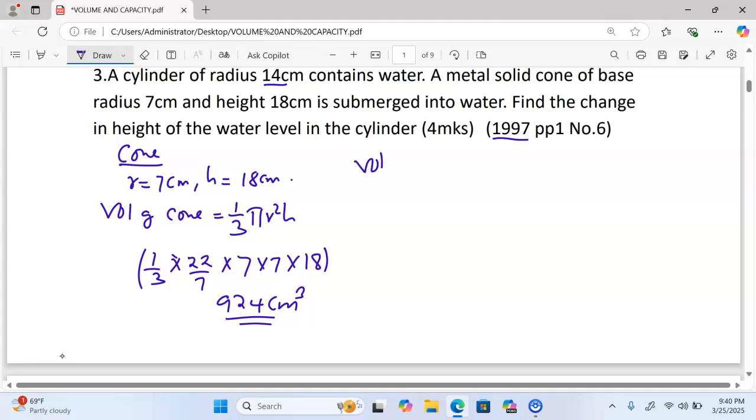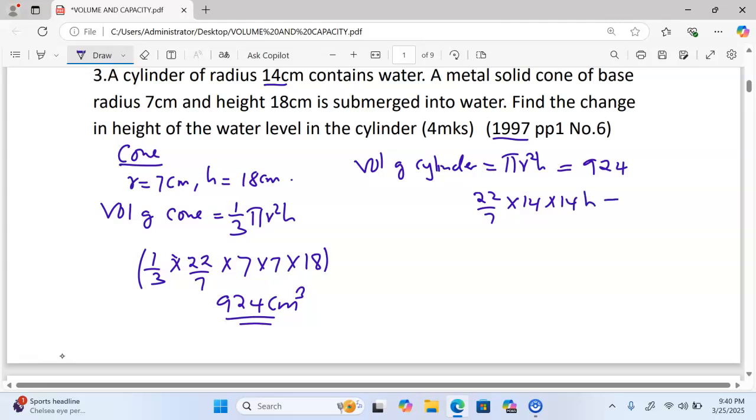So the volume of the cylinder is given by pi r squared h, and this volume is going to be equal to 924. We know pi is 22/7. We multiply by the radius of the cylinder, which is 14, we multiply by 14, we multiply by the height, and this is equated to 924. From here, 7 goes into 14 two times.